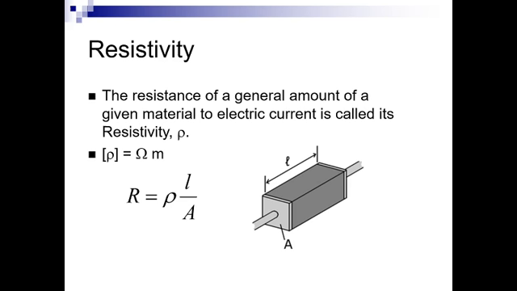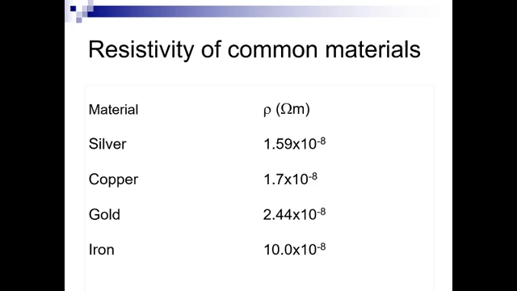divided by that area. And just as an example, in your textbook there are a bunch of different values of this. This isn't something you have to remember or memorize. If you need them, they'll be given to you. But for example, silver is the natural material with the lowest resistivity.